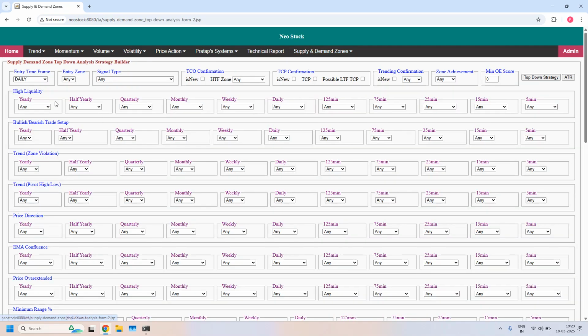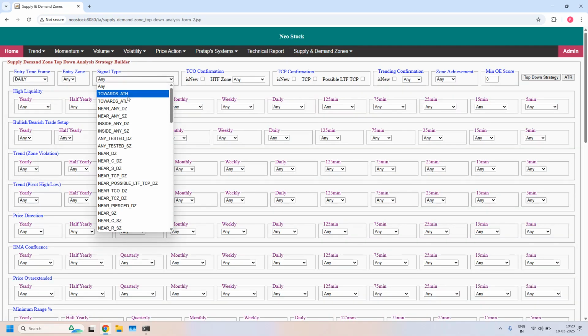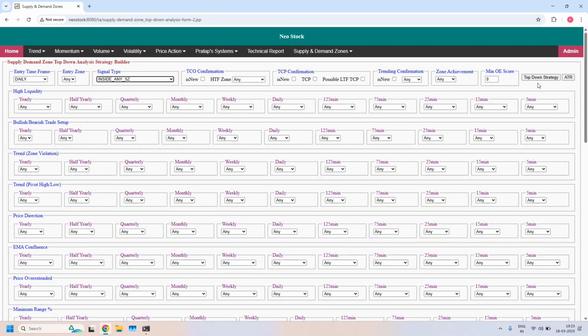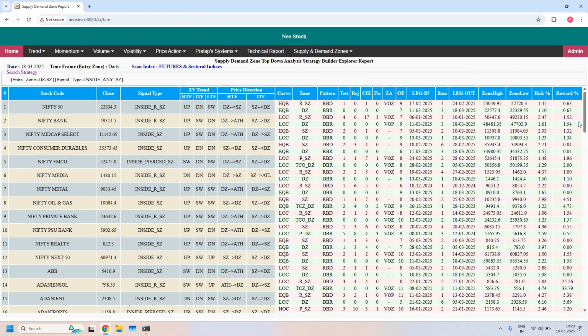Okay, next, daily time frame, price closed inside the daily supply zone. We got a big list. So first 15 stocks in the list.